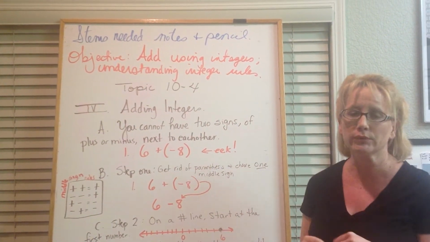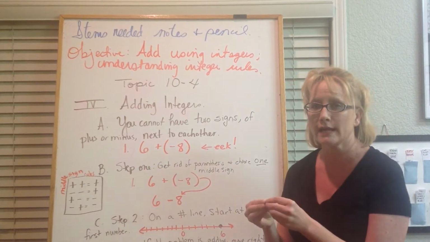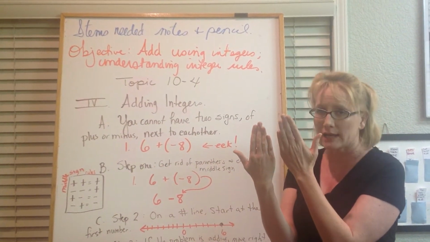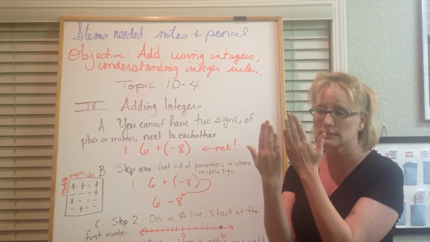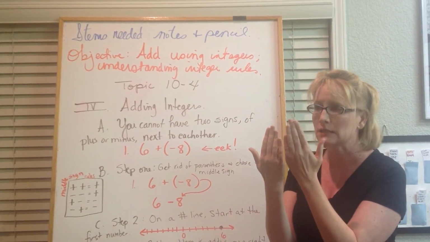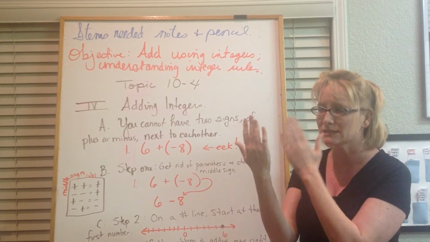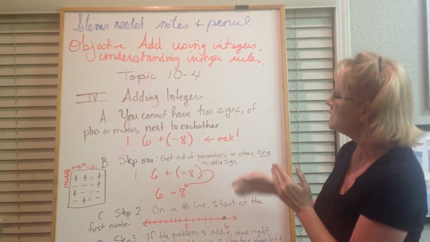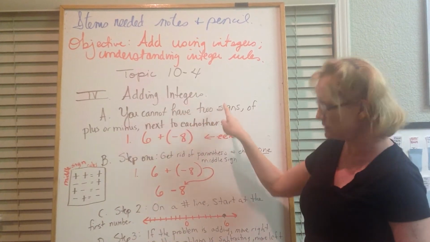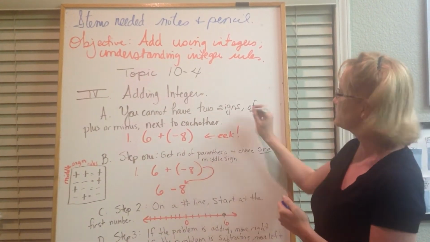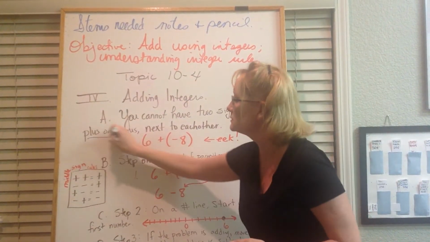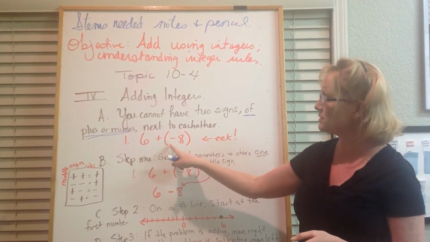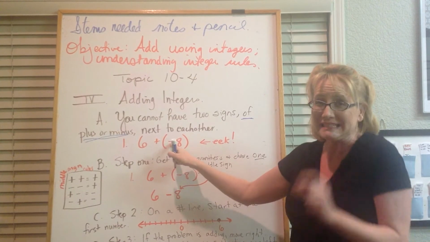The most important rule that you need to know is that you're not allowed to have two signs next to each other if the signs are two pluses, two minuses, or a plus and a minus. You can have a plus and a multiplication or a minus and a division, but we'll get into that later. Like this, 6 plus parentheses minus, so we have a plus and a minus.